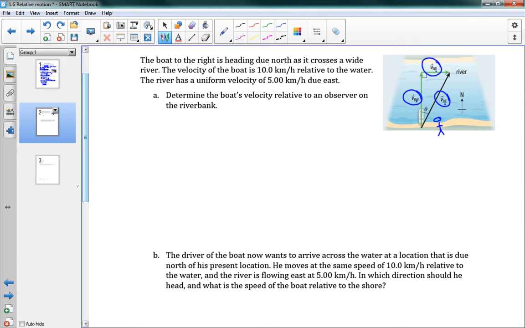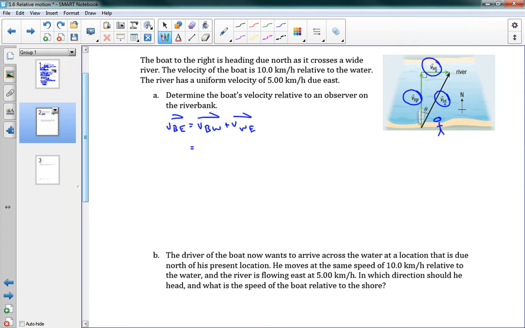Okay, so to solve this problem, we're going to say that the velocity of the boat relative to Earth is equal to boat relative to water plus the velocity of the water relative to Earth. Okay, and then we can just add these together.